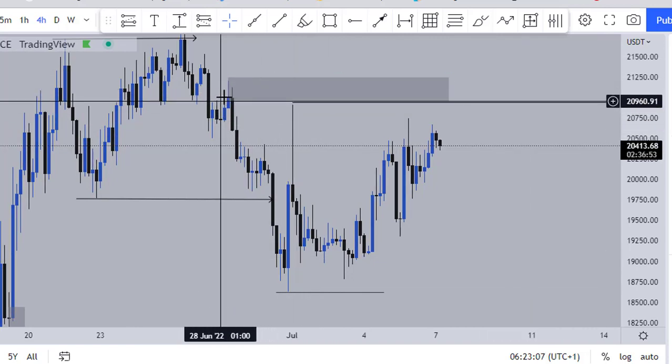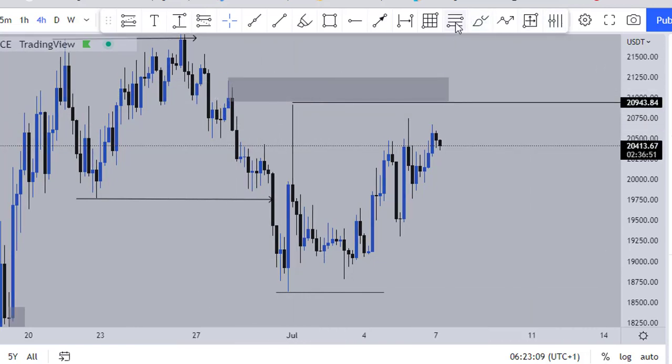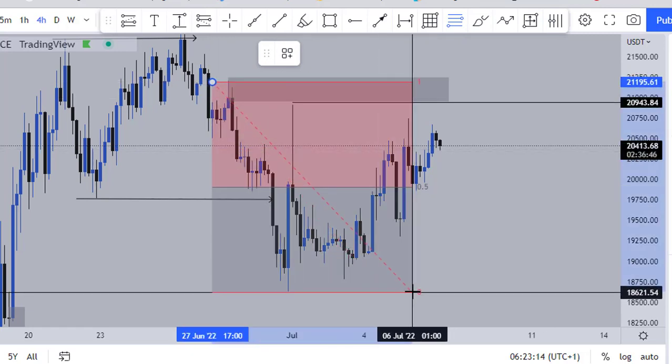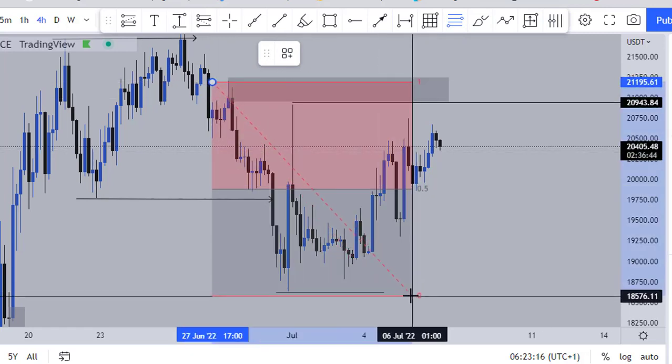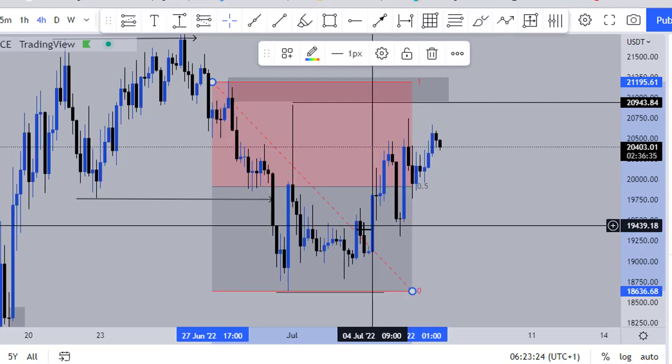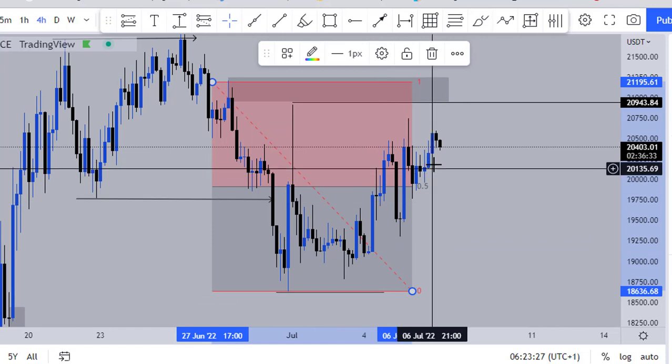So where did we gather momentum to break this structure? It's from this place. So let's draw our discount and premium tool. This was where we gathered momentum and broke the structure. If you look at what is happening to Bitcoin right now, we are currently in an area where I can short the market. Now you see how the market is correctively moving to the upside. All these moves right here are corrective movement.